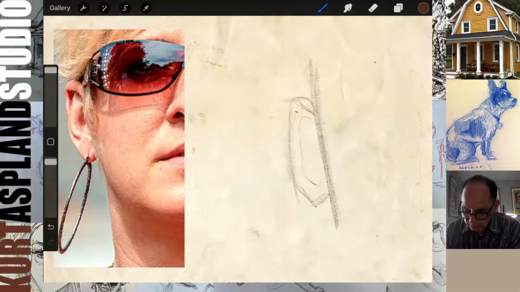All right, there is the overlap right there. You see that? And now we could come back in, and I'm going to make some adjustments to my drawing so it looks more like the picture.